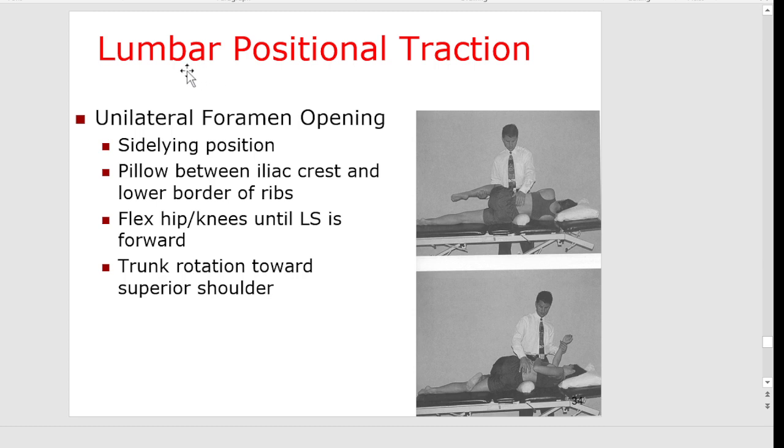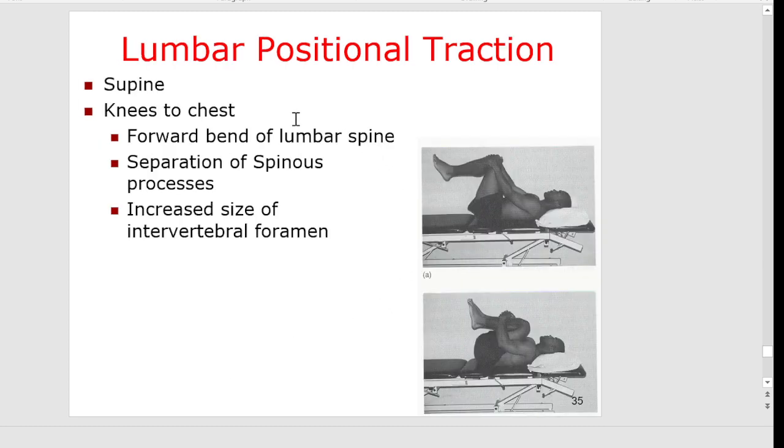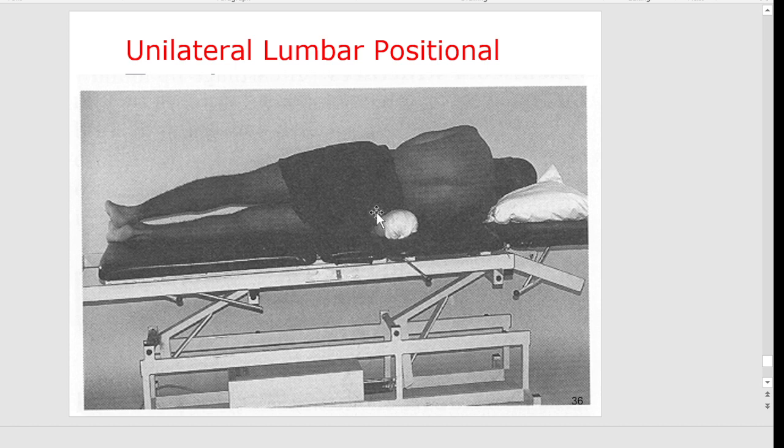So this is the unilateral one, no? So this is an example of positioning in lumbar traction.